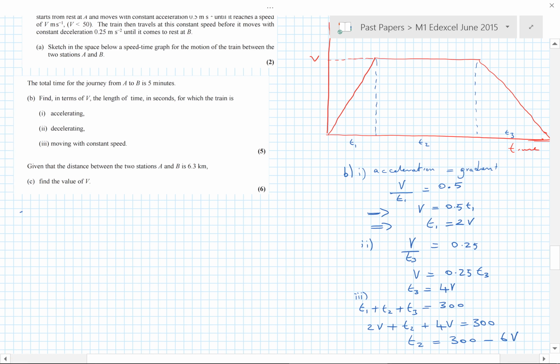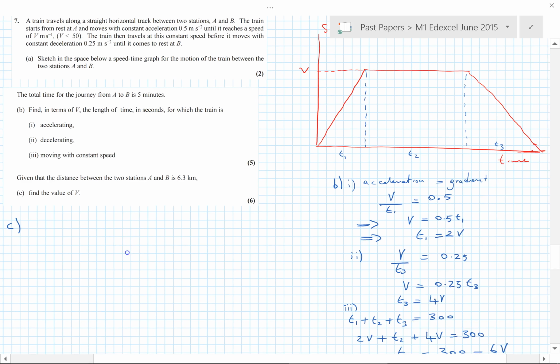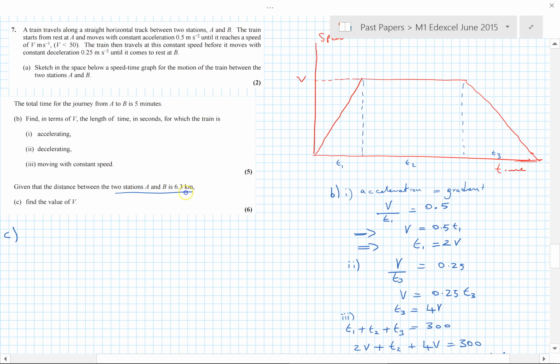Part C is using the fact that the area gives us the total distance. So the area underneath is distance, which is 6,300 meters.